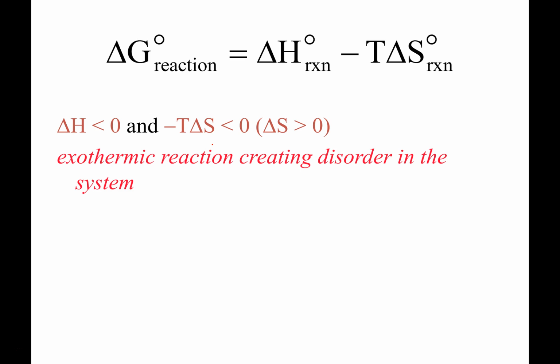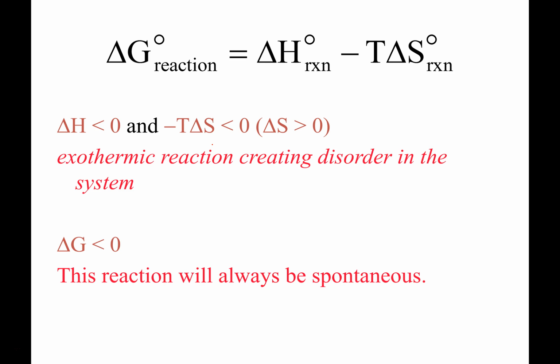And if you're favoring spontaneity with regard to your delta S term, that means it's positive, which is what I'm showing you here. Then you can't help but have the Gibbs free energy be negative. Mathematically, it has no choice. Of course, that means that your reaction, your equilibrium, will proceed from left to right, as it will be spontaneous. Okay, so there are 4 choices here. That's the first of 4.